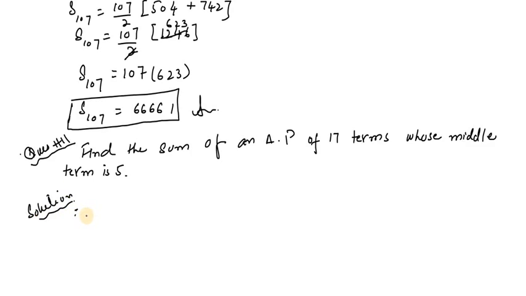Middle term is 5 and we are given the sum of an arithmetic progression of 17 terms, and 17 is an odd number.